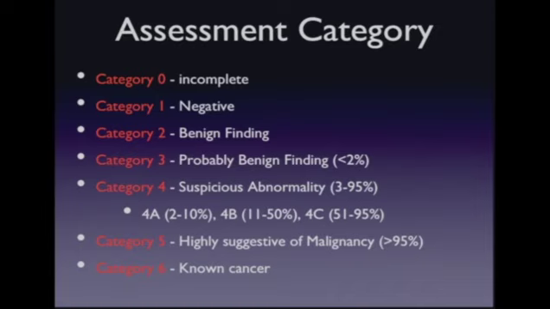Category 4 is a suspicious abnormality, and these are subclassified into 4A, 4B, and 4C, with the percentages of malignancies listed here. Category 5 is highly suggestive of malignancy, greater than 95%, and Category 6 is a known cancer.